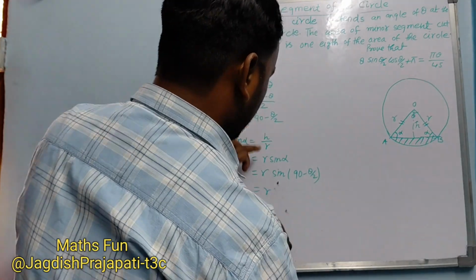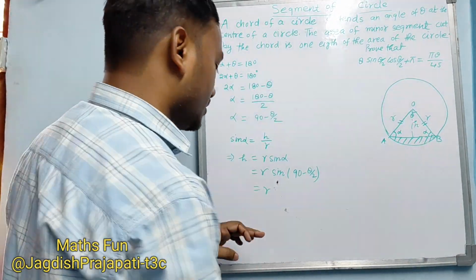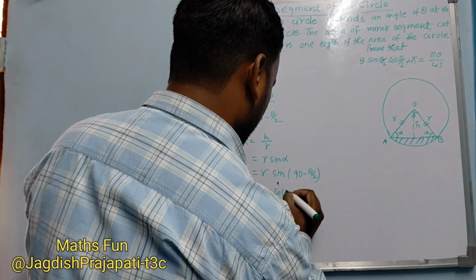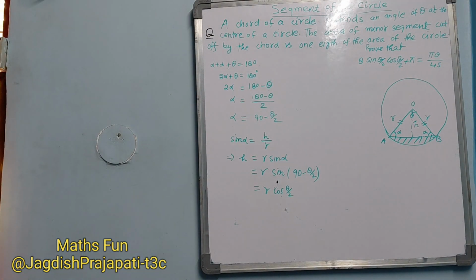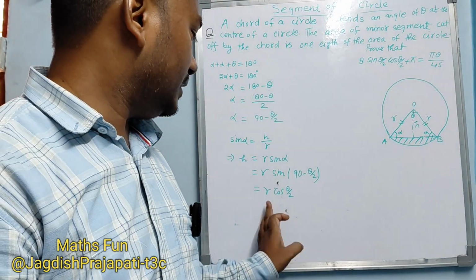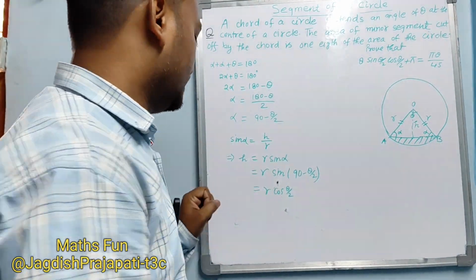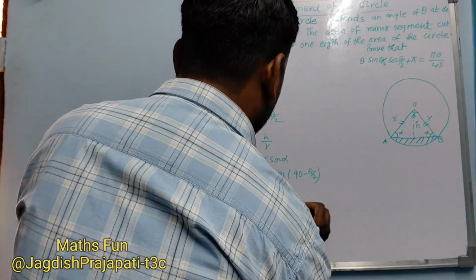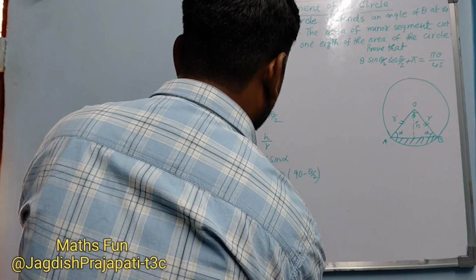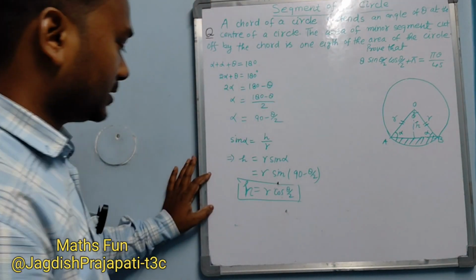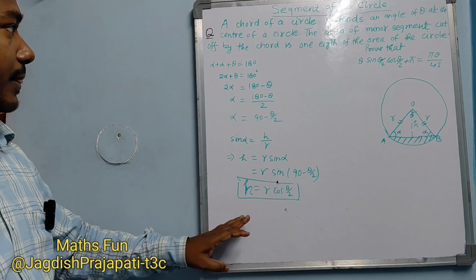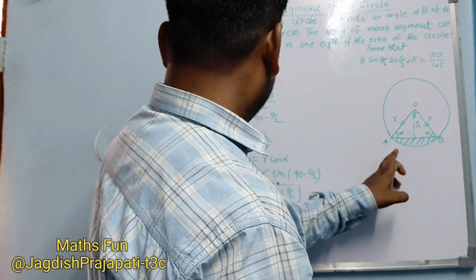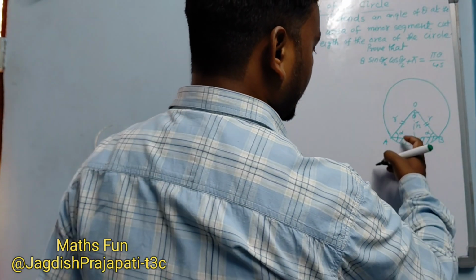So sine of 90 minus theta by 2 is cos theta by 2. So this will be r cos theta by 2. Now we have found this height. Let us encircle this, and now we need this one.